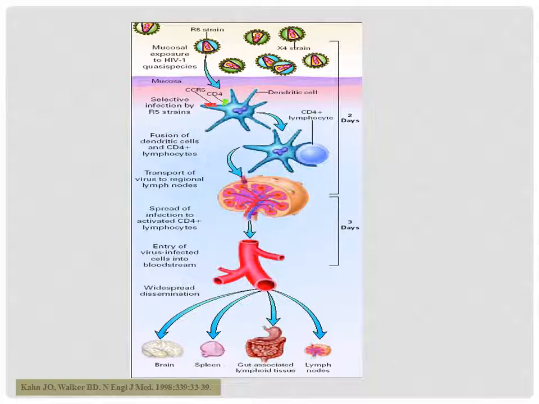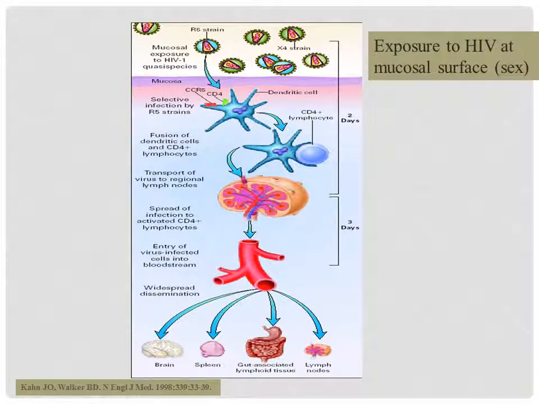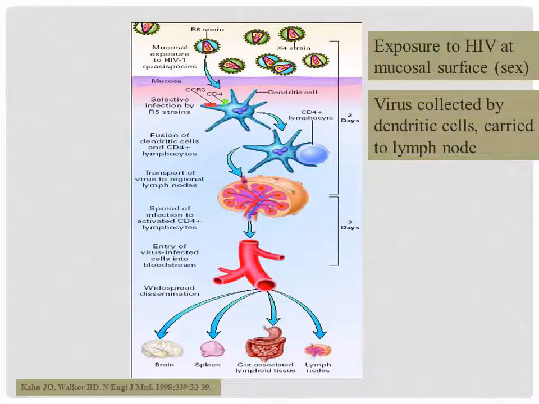So when the virus enters the body, the first thing typically is exposure to a mucosal surface, which is typically in our environment through sex. Then the first line of defense will be the dendritic cells, which are part of the innate immune response.